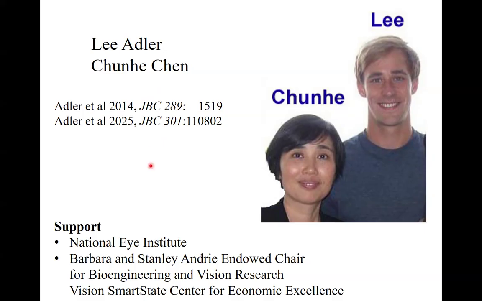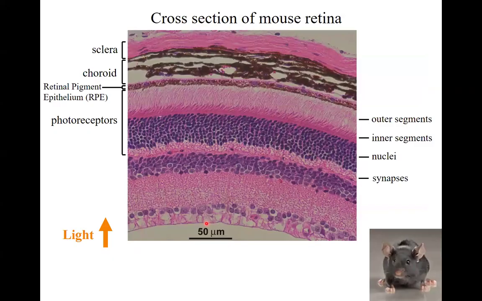And the funding, it's important to mention, is from National Eye Institute and also from the Barbara and Stanley Andre Endowment. So without further ado, I will start discussing the mouse situation, NADPH generation in mouse rod photoreceptors.